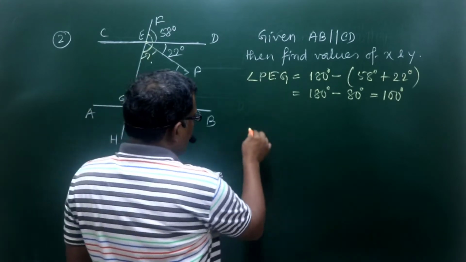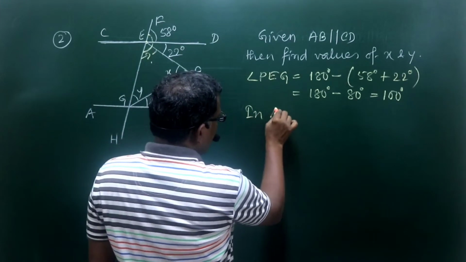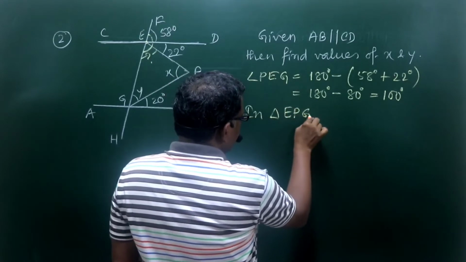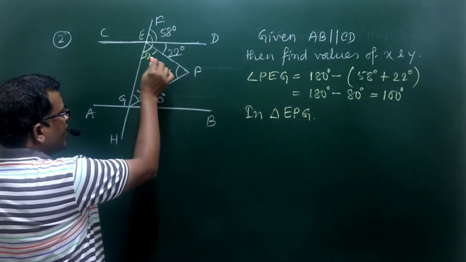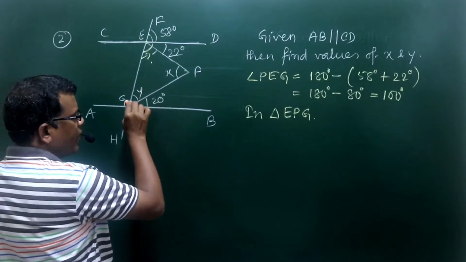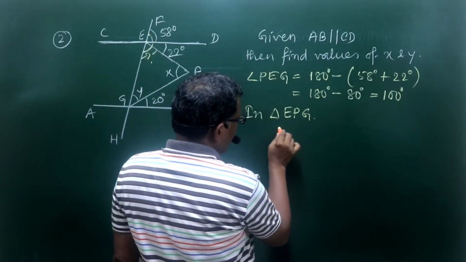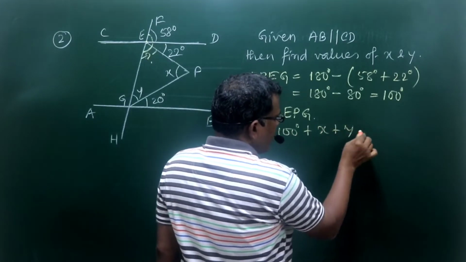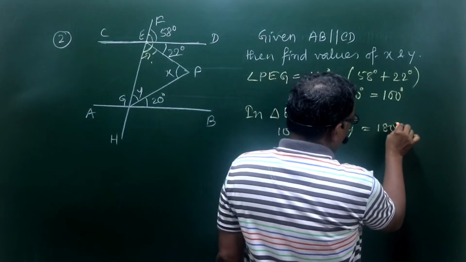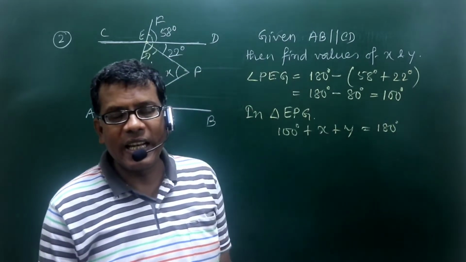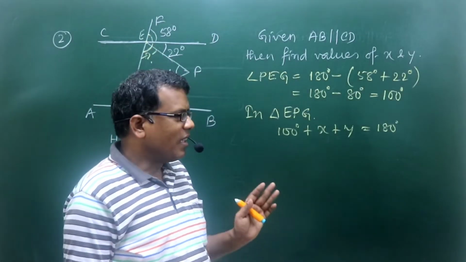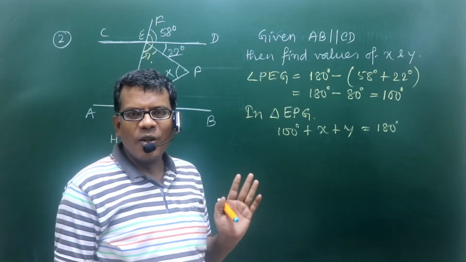So now in triangle EPG, if this is 100, then the sum of the other two must be 80, because we can write down 100 degrees plus x plus y, the sum of the three angles, must be equal to 180 degrees. We know that in any triangle, the sum of the three angles always becomes 180 degrees.